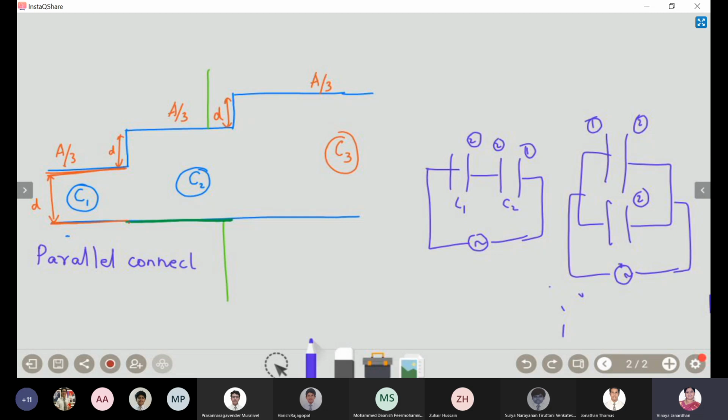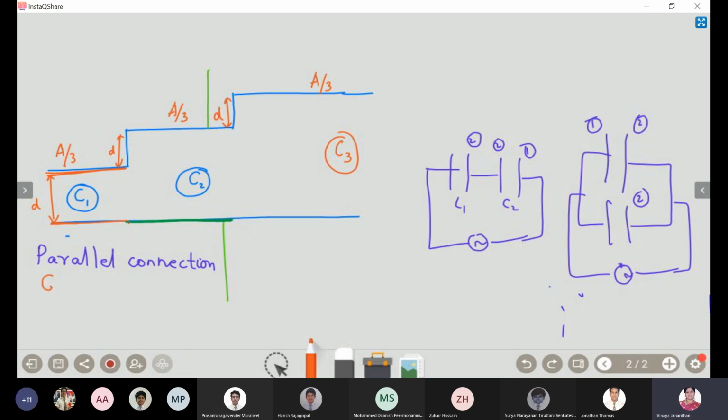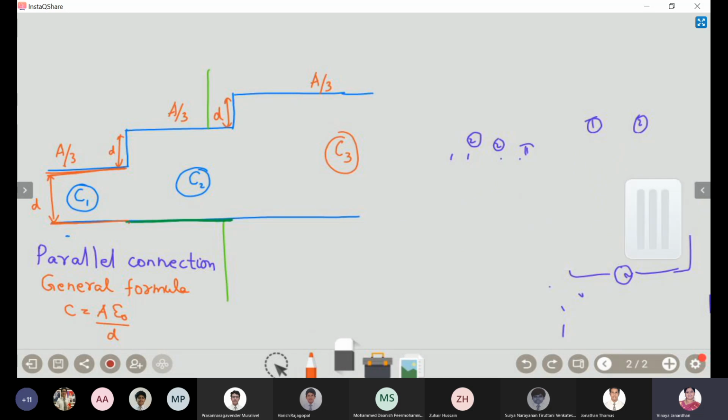Now I have to find the capacitance of all the capacitors. What is the general formula for a parallel plate capacitor? C is equal to A epsilon naught by D. Now use this formula and apply it to all the capacitors.